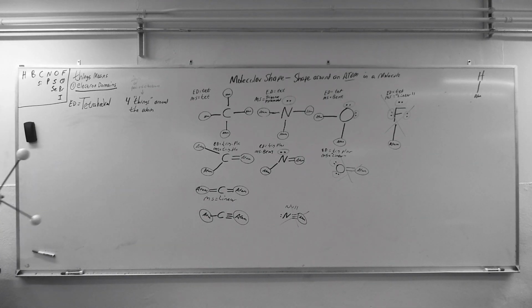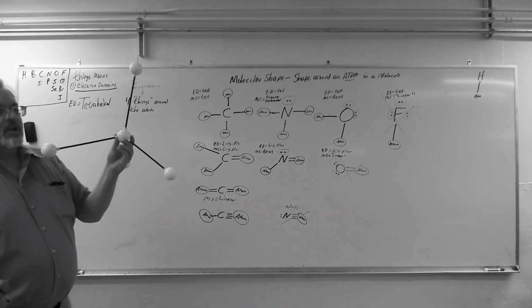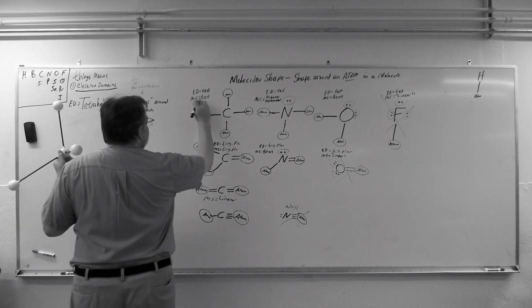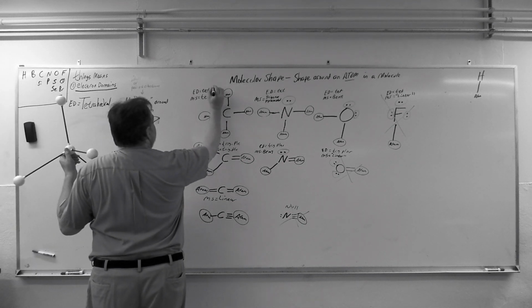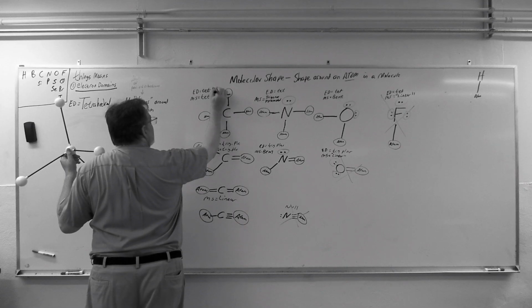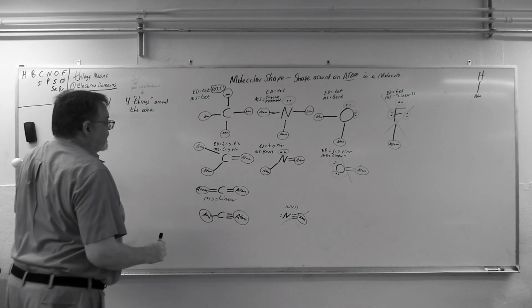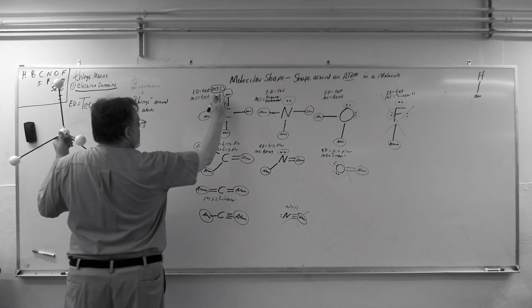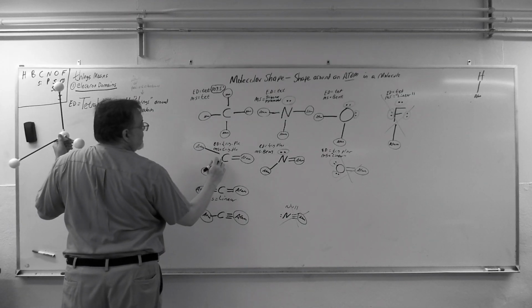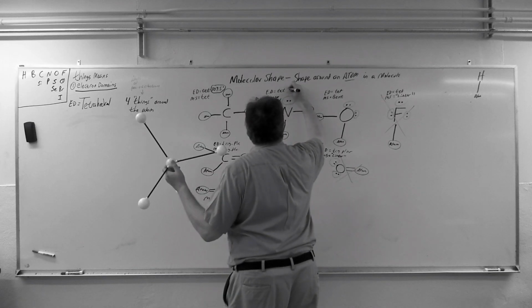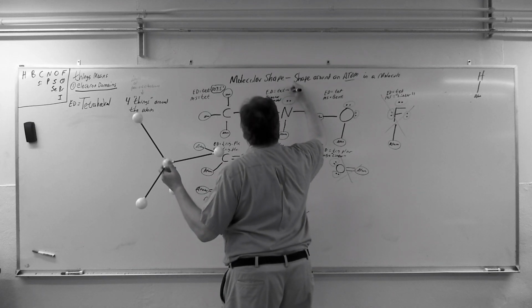These have angles associated with them. The tetrahedral angle, if you say electron domain tetrahedral, is 109.5 degrees. That's important. This is 109.5 degrees. This is 109.5 degrees, because of the electron domain shape.